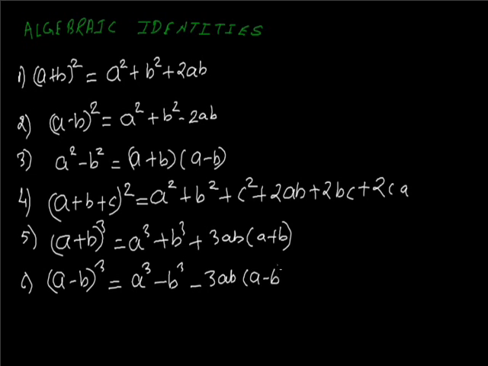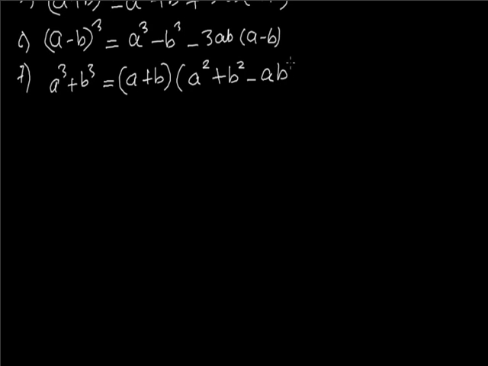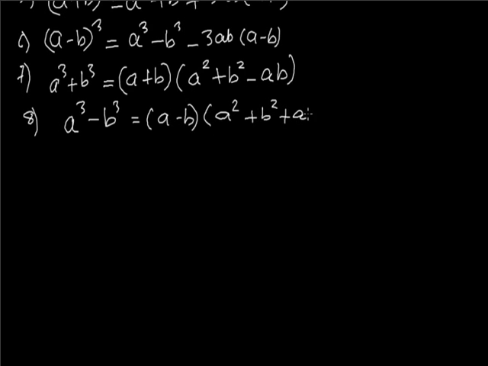Sixth, a minus b whole cube is equal to a cube minus b cube minus 3ab in bracket a minus b. Seventh identity: a cube plus b cube is equal to a plus b times a square plus b square minus ab. Eighth, a cube minus b cube is equal to a minus b times a square plus b square plus ab.